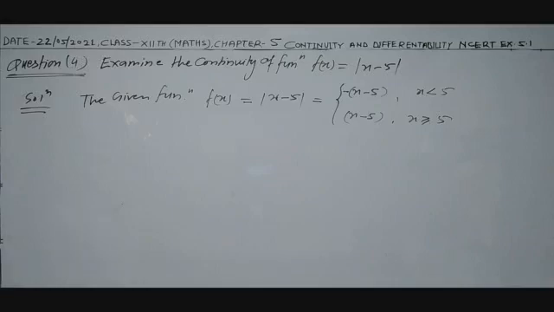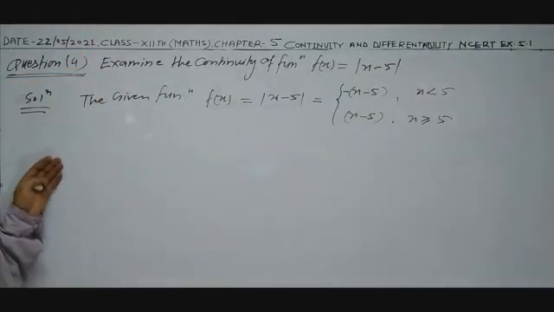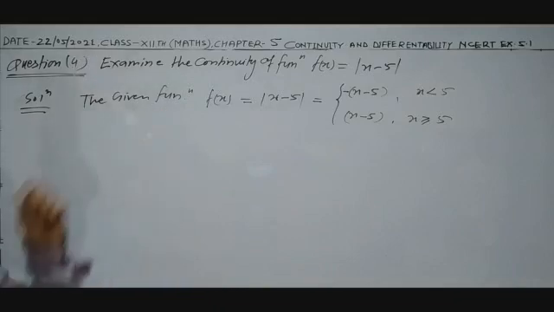So how can it be done? You can consider the left hand limit, you can also check at 5, but you will take any real number. Suppose r is a real number, so at a real number you will prove the function is continuous, or check the continuity.